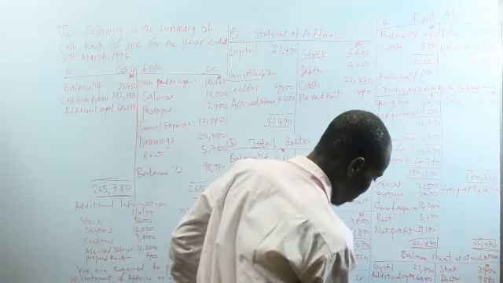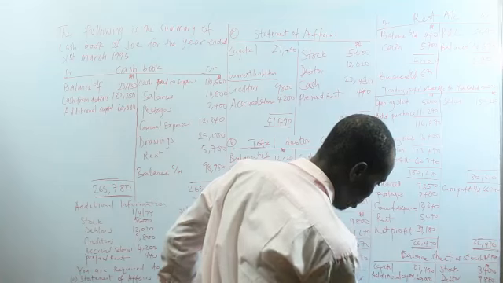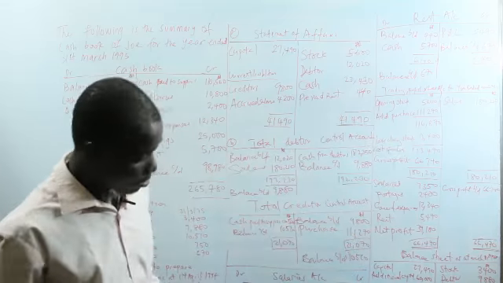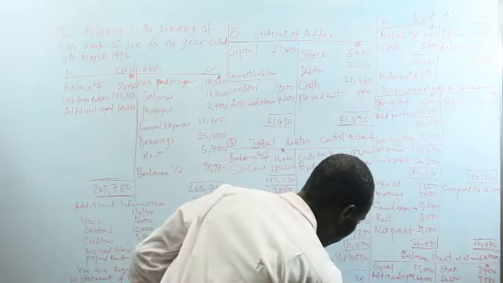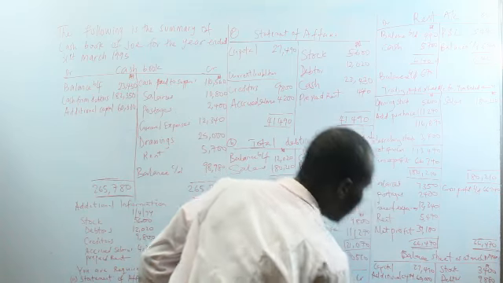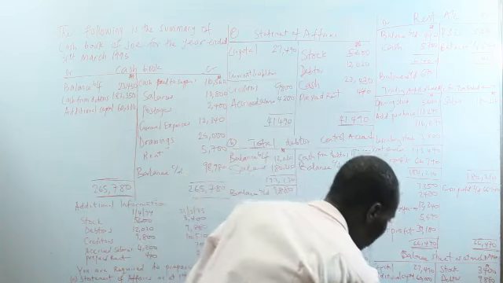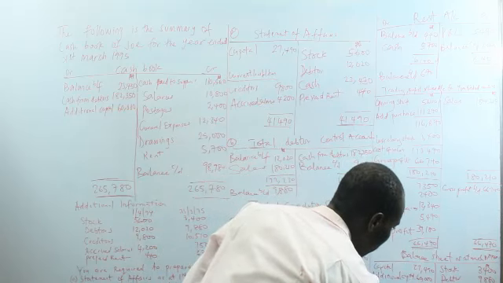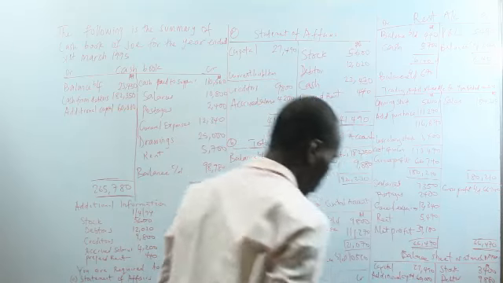We have to add the net profit before deducting the drawings. So add net profit made, which is 39,180.